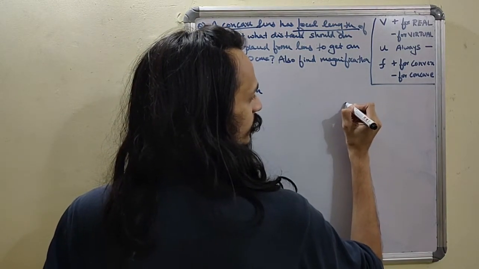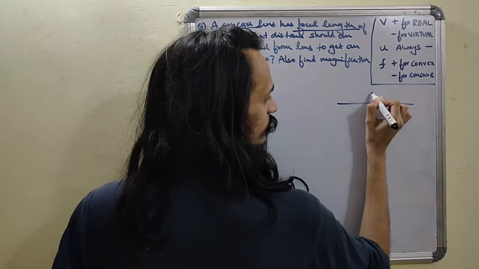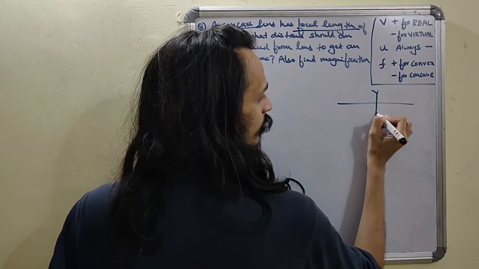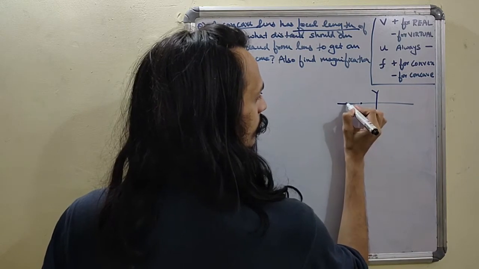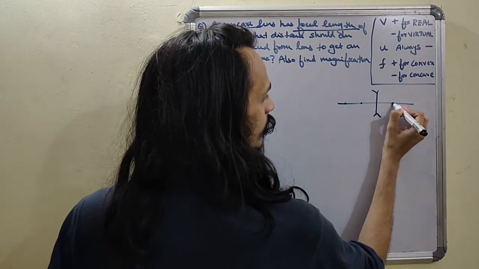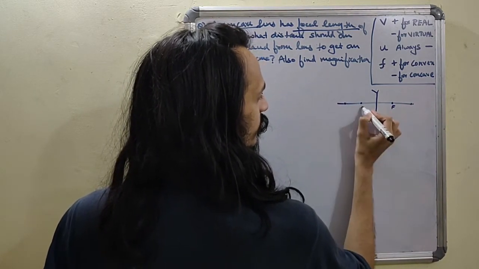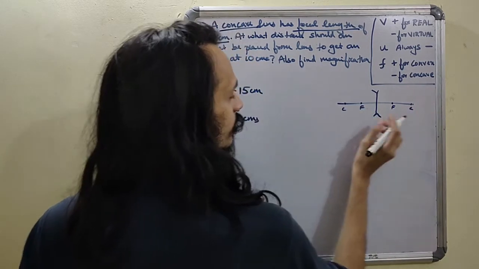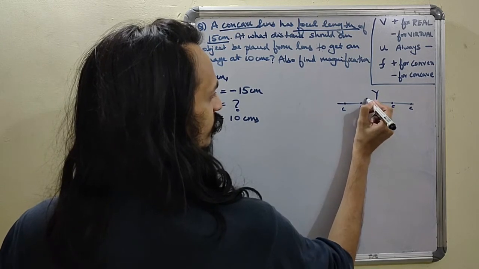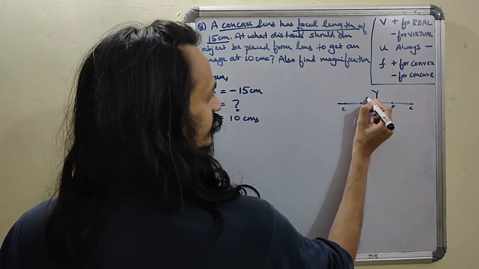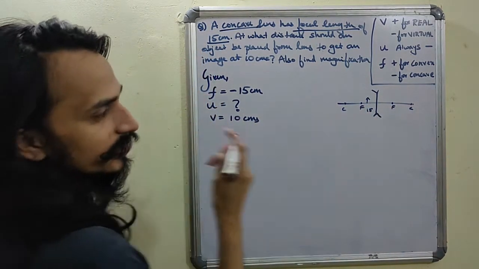I'll just put a small diagram. There will be a concave lens, this is F, C and C, and this is 15 centimeters, and the image would be somewhere here, 10 centimeters.